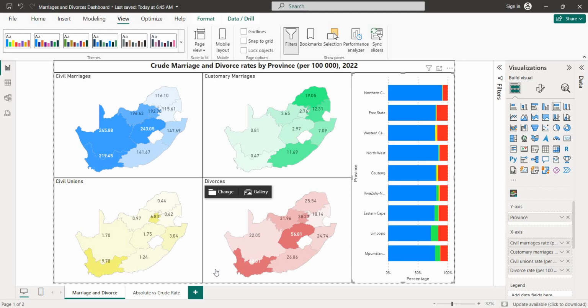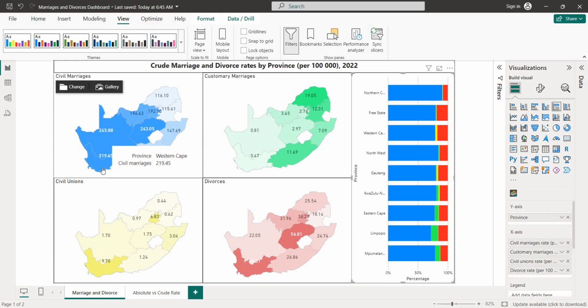Now looking at divorces, we have the highest crude rates of divorce in the Free State and the Western Cape. Interestingly enough, Free State and the Western Cape also have very high rates of marriages.